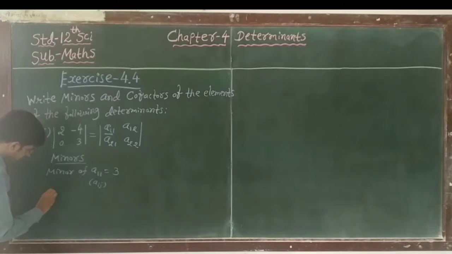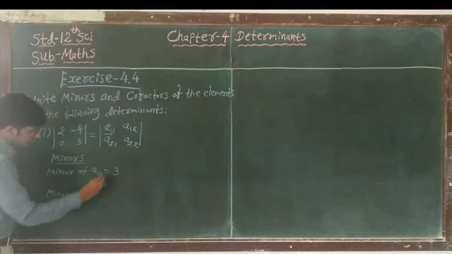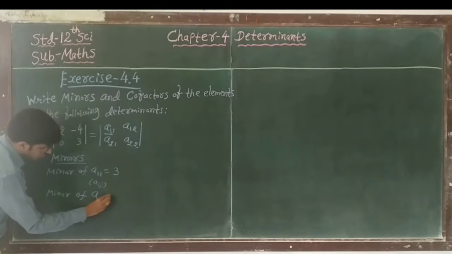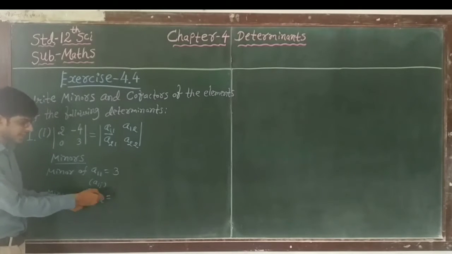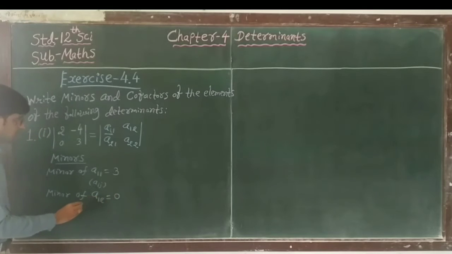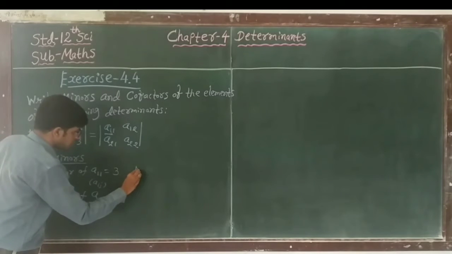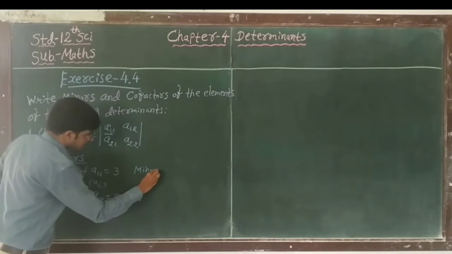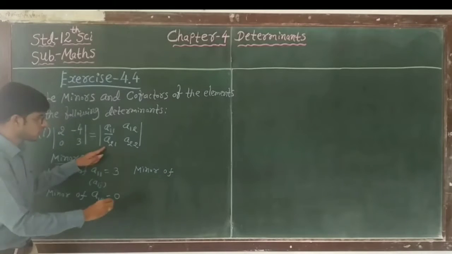Next, the minor of A12. A12 means we have to remove the first row and second column. So the minor of A12 gives 0. Next, the minor of A21.